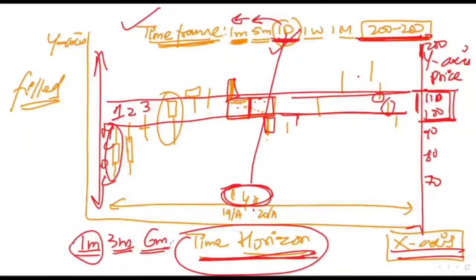This is not minute, this is month. Don't get confused, I also got confused while writing. So suppose this is 1 month. In 1 month, how many daily candles can I fit in? 20. But you know that we have a space of around 250 candles in front of us.